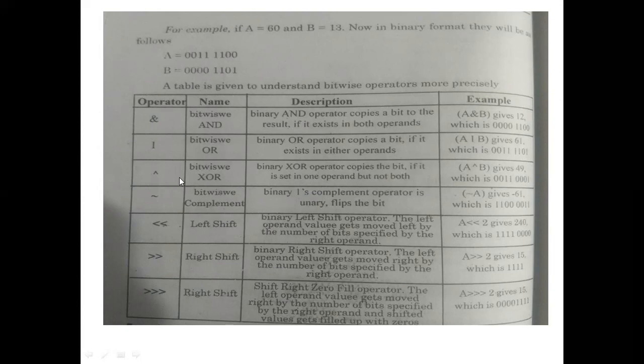Then bitwise XOR. Binary XOR operator copies the bit if it is set in one operand but not both. So if you apply the bitwise XOR, it will give you this value, which is 49. How is it possible? 0 1 1 0 0 0 0 0 1 0 0, then 1 0 1.